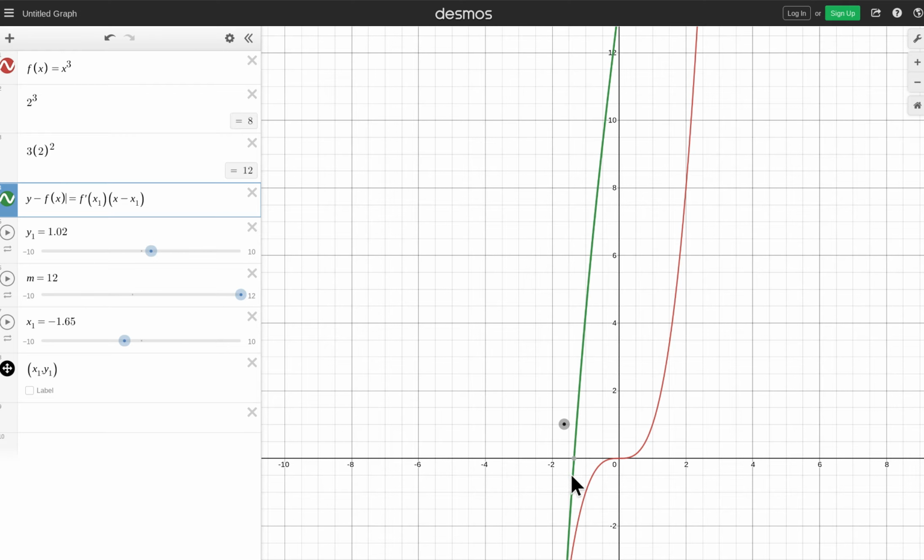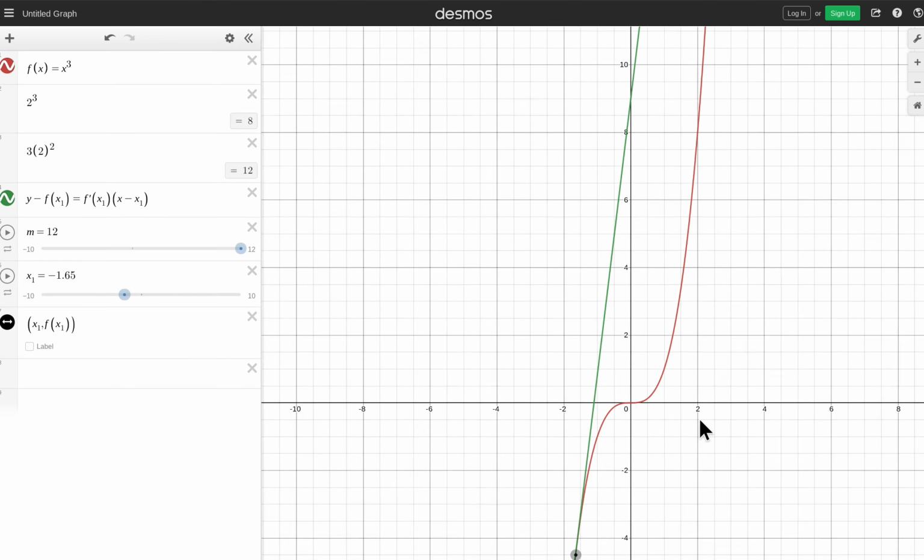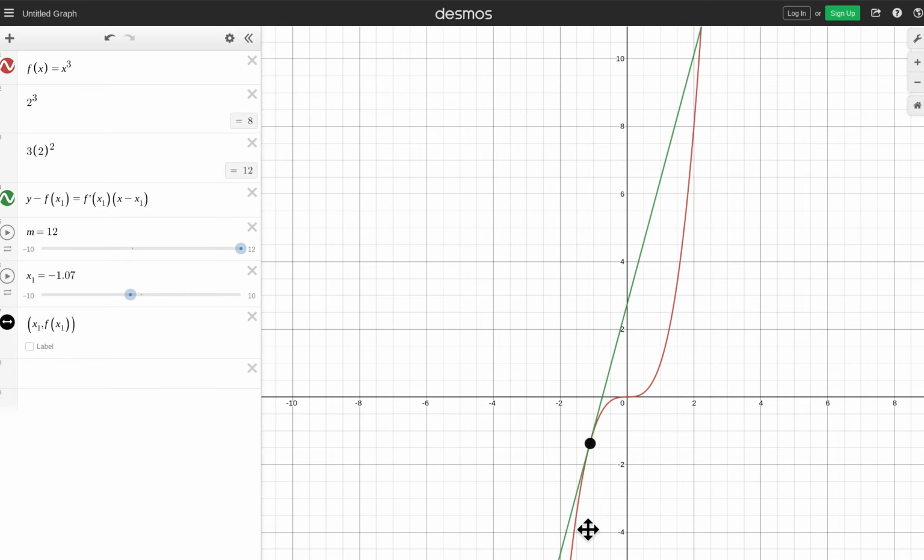We don't need this. What we can just do is replace that with f of x1. This should be x1. Okay, and now what we have is basically a calculator for what the slope would look like in the tangent line.